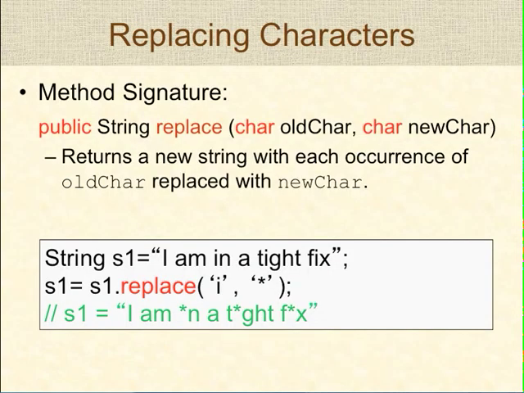Another helpful method is replacing characters. So taking characters out of the string and replacing them with new characters. So for instance, we can replace all the i's in this string with an asterisk, and this is all lowercase i's. So we end up with the string shown here in the comment.